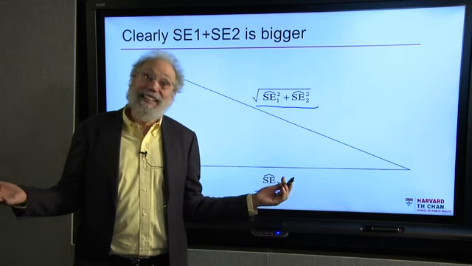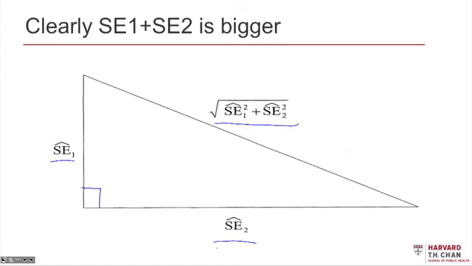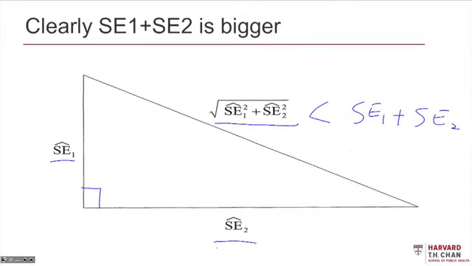And it's obvious that this is less than the sum of the length of the two sides. It has to be.